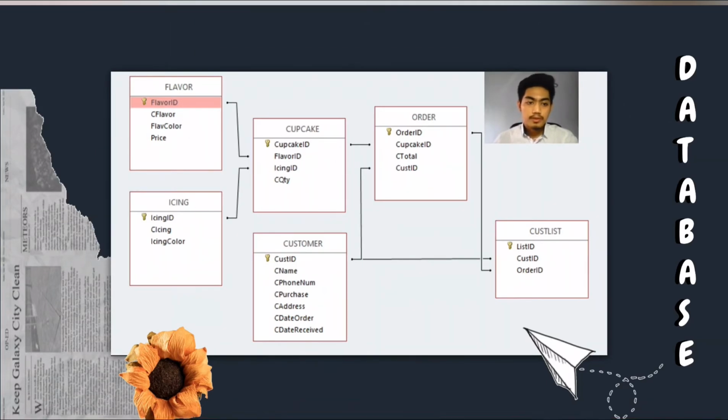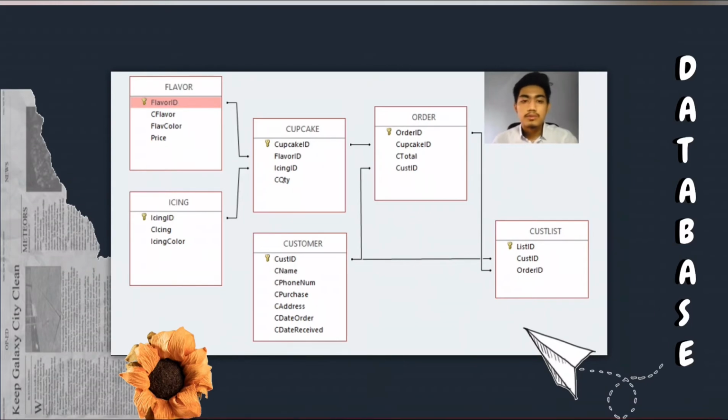For the customer admin database, we have six table relationships. As you can see here, we have table flavor, table cupcake, table order, table icing, table customer, and table cast list.